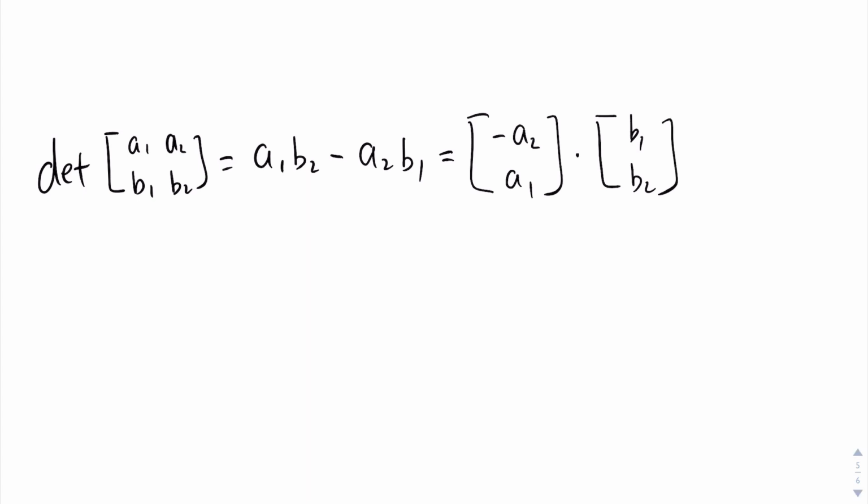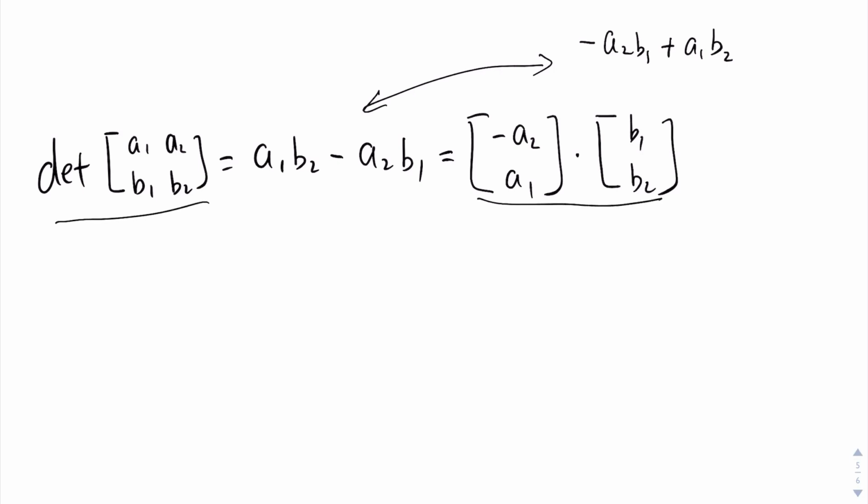So if you dot these two vectors, you will get minus a2 b1 plus a1 b2, which is exactly the same. So these are equivalent. Now, what if the determinant is 0, which also means the dot product of these two vectors equals 0? So these two vectors are perpendicular.